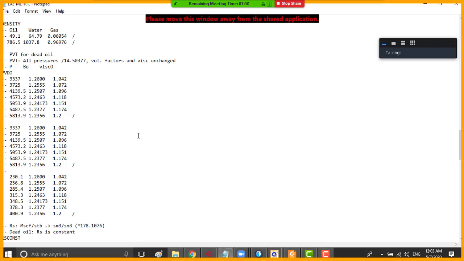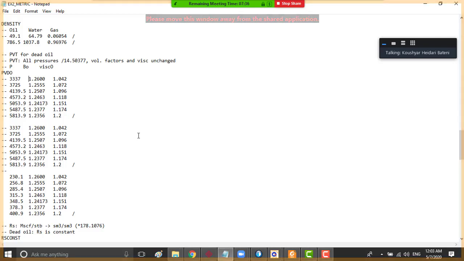Now, do we need to do anything for the second column? No, because the second column is a dimensionless value. So here you actually don't need to do any unit conversion because this property is unitless. Okay? What about the third column?